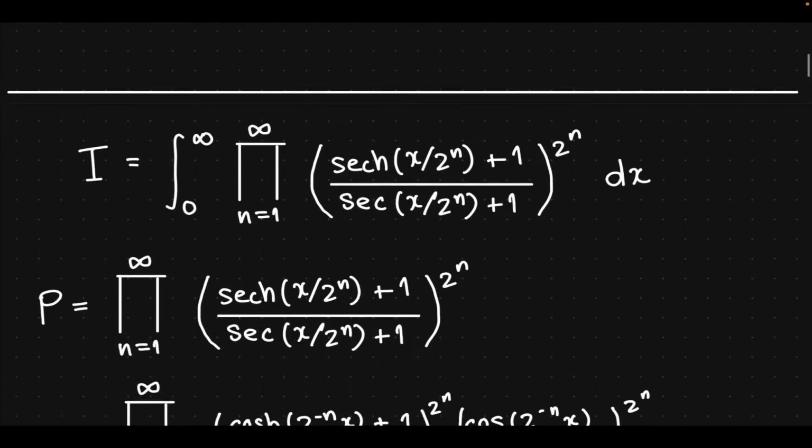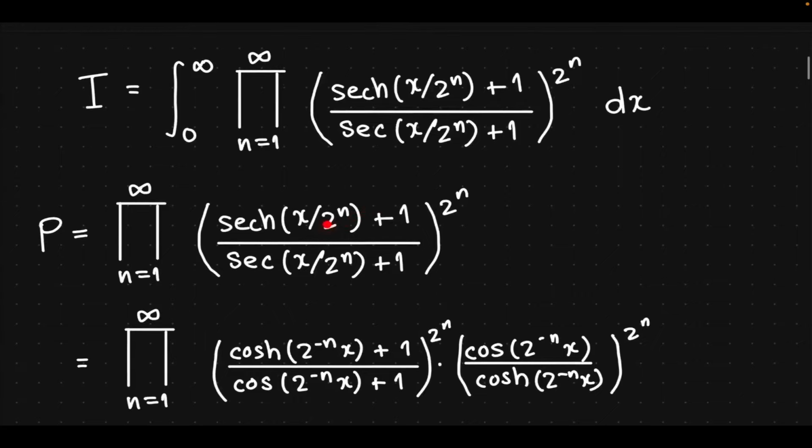So first of all, let's do the product, because in the bounds of the product there's no explicit dependence on x, and therefore we can treat this as an independent problem. So we call that P.